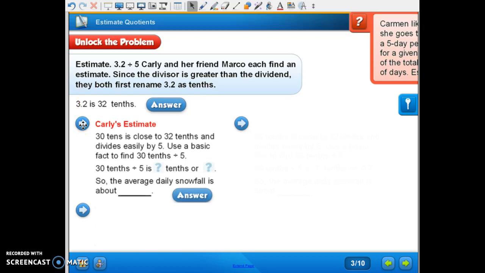Carly's estimate, 30 tenths, is close to 32 tenths and divides easily by 5. Use the basic fact to find 30 tenths divided by 5. 30 tenths divided by 5 is 6 tenths, or 0 and 6 tenths. So the average daily snowfall is about 6 tenths.